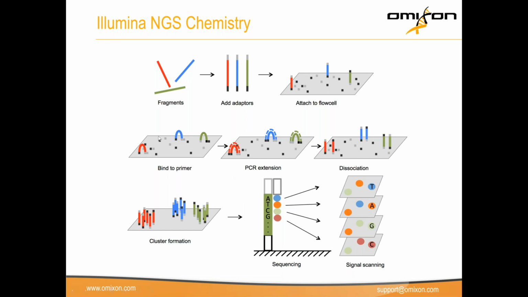This bridge amplification is really important because every fragment will bind to the flow cell, and then through the bridge amplification, many copies will be made of this one fragment. In the end, you can see here the cluster formation, left bottom. So you will end up with many clusters, and every cluster contains thousands of copies of the same fragment.